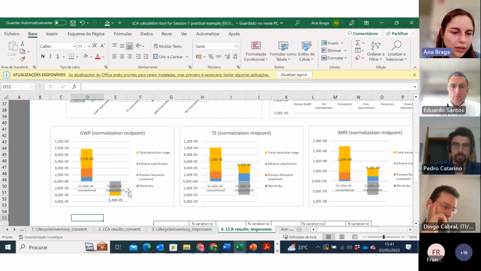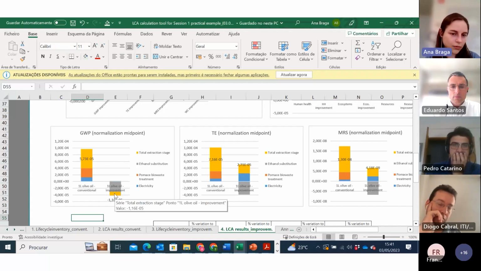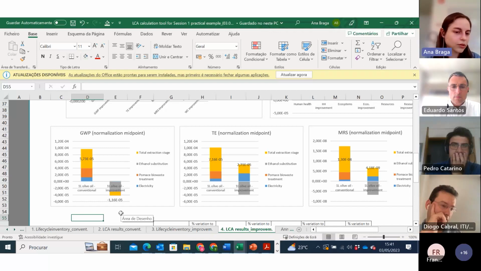So here in global warming, okay, we go to negative values in the improvement scenario, mainly because of this question of circular economy. So it's really important to valorize residues and wastes and, if we can use it in other process, not search for virgin materials.